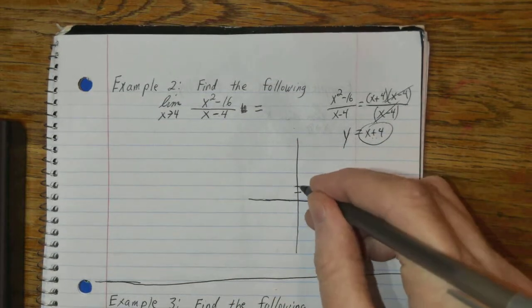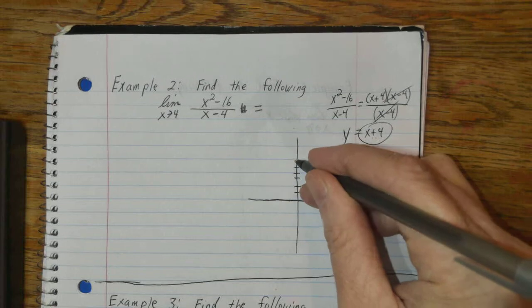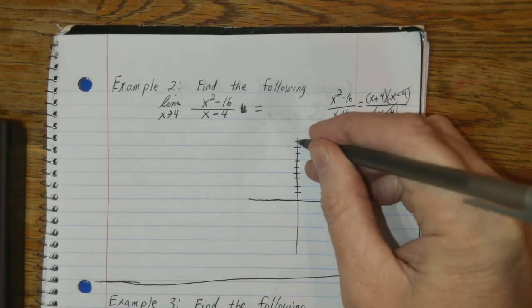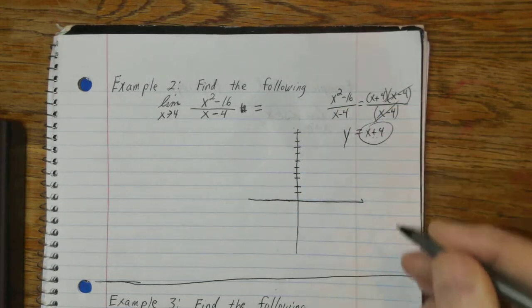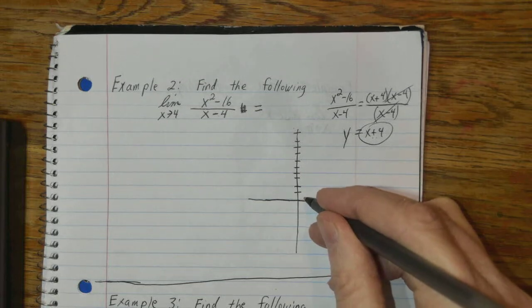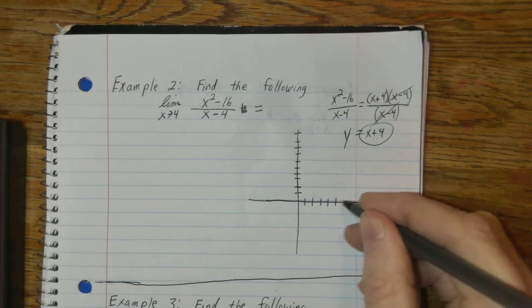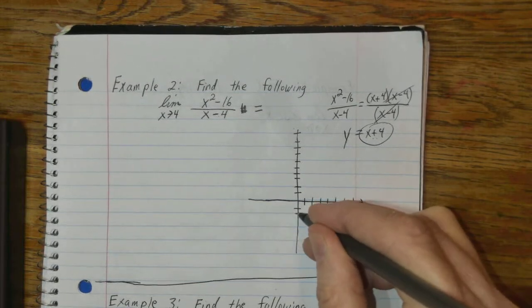Let me go right around 10 there and go 1, 2, 3, 4, 5, 6, 7.